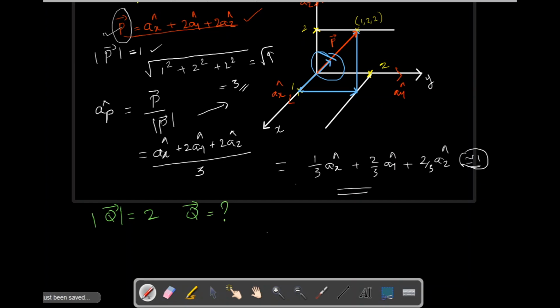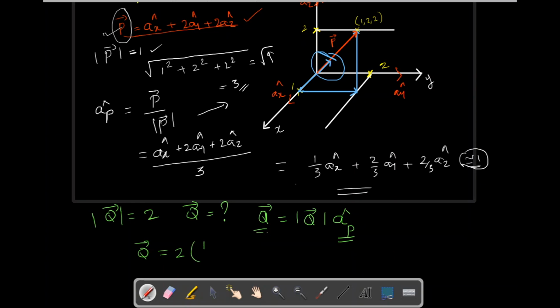But from the definition, any vector, in this case Q vector, is the magnitude of that vector into the direction, that is, the unit vector. In this case my unit vector is ap cap, not aq cap, because you are asked to find this vector along the direction of ap vector. The magnitude is 2, so I can write Q vector as 2 into ap vector.